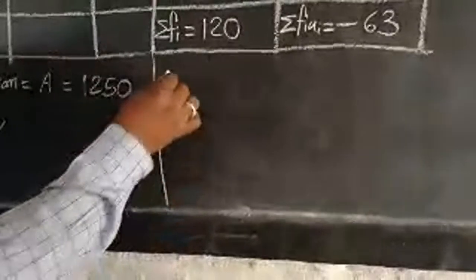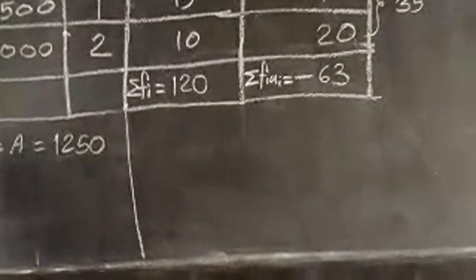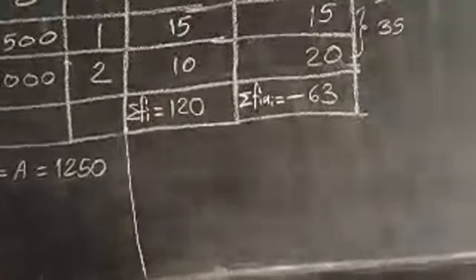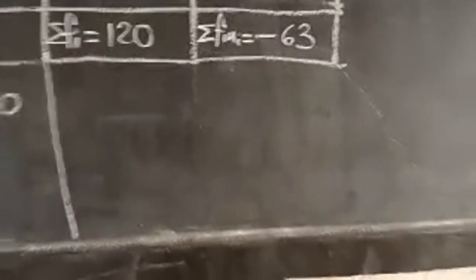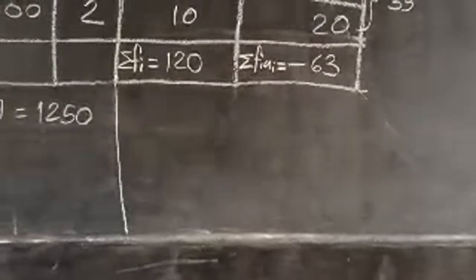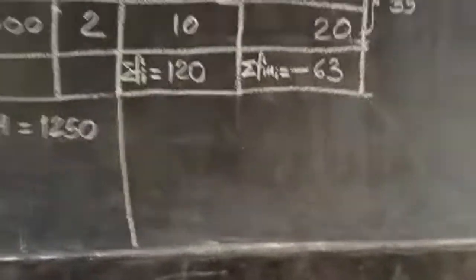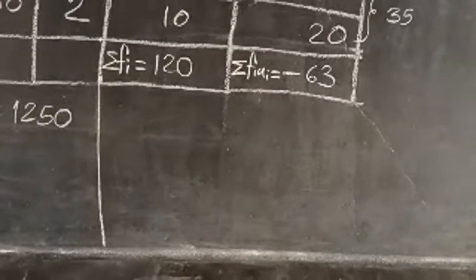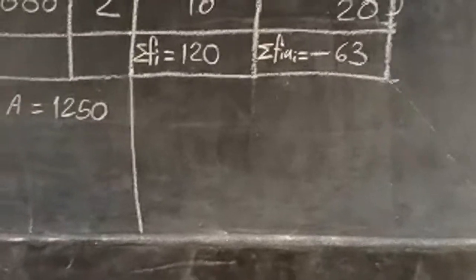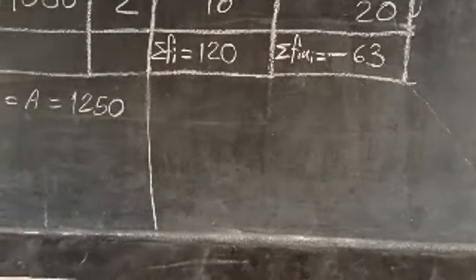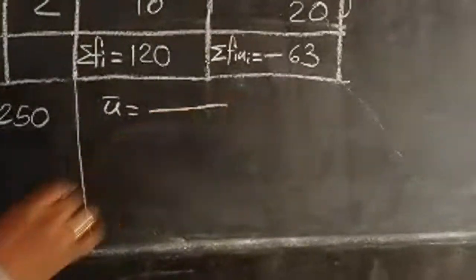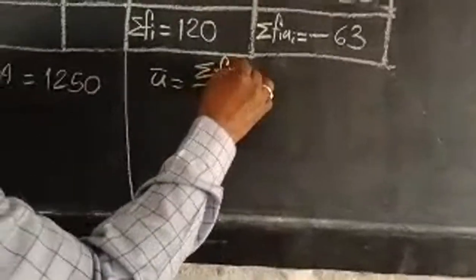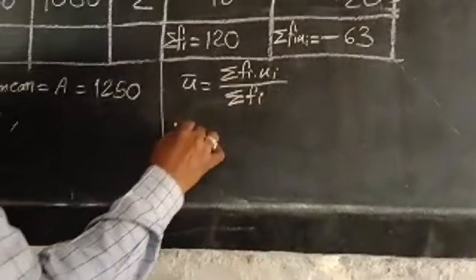Then we can use the formula. U bar is equal to summation Fi Ui divided by summation Fi.